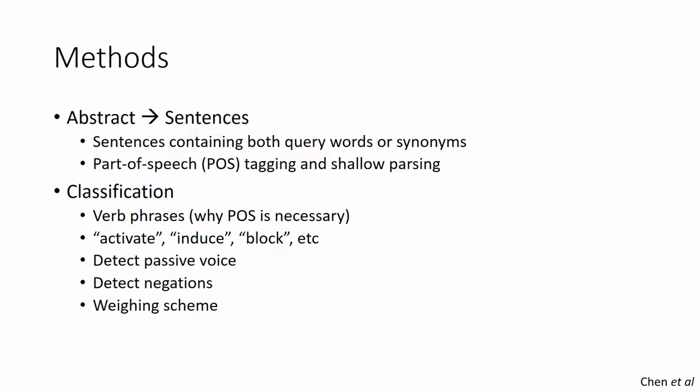In biology literature, it's not a cool topic like something eating something, but you have, for example, activate, induce, and block as verbs. You also have to search for passive voice and negations, and then use weighted terms to identify the different parts of speech.